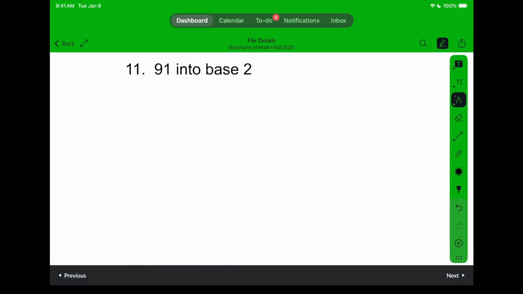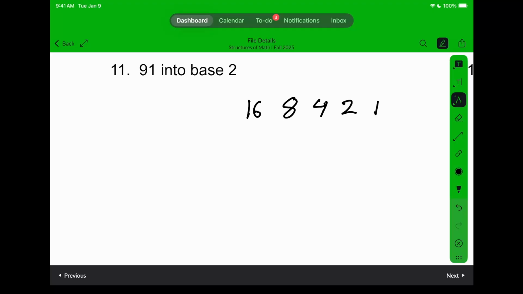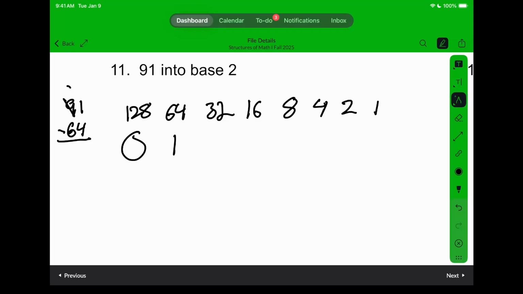91 into base 2. This one has a little more writing because base 2 is a tiny number. So we're going to have our 1, 2, 4, 8, 16, 32, 64, 128, and that's too big. But 64 can go in 1. 91 minus 64: 8 minus 6 is 2.